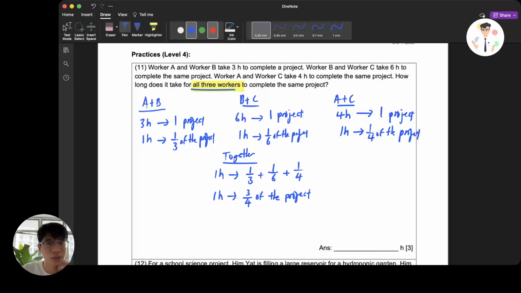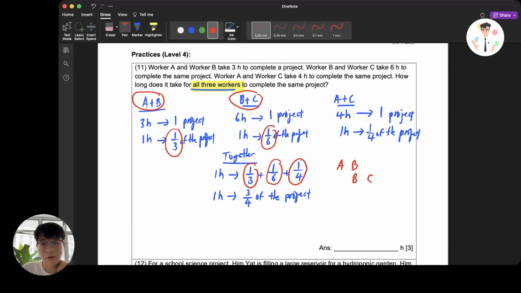Teacher, what do you mean? This 1 out of 3 is from how many workers? 2, A, B. This 1 out of 6 is from how many workers? 2, B, C. This 1 out of 4 is from how many workers? 2, A, C. So it means that this 3 out of 4 is actually from who?